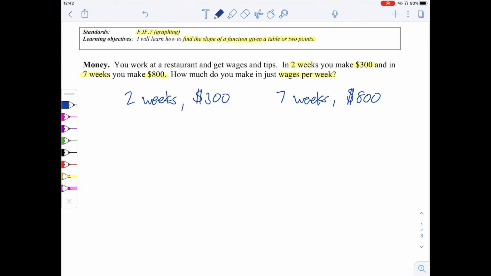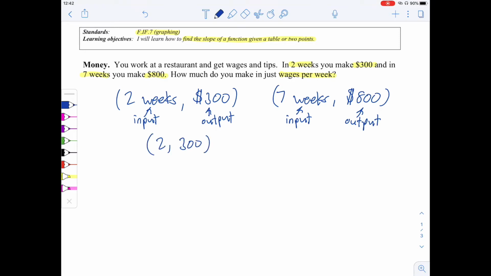They kind of represent ordered pairs, with our input and our output for each one. Our input is 7 weeks, our output is $800. And our ordered pairs would be 2, 300, so 2 weeks is $300, and 7, 800, 7 weeks is $800. So those are our two ordered pairs.